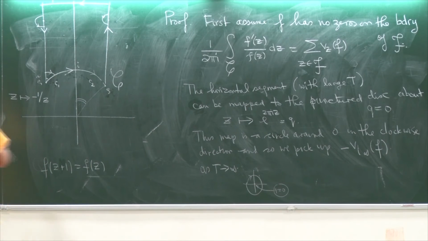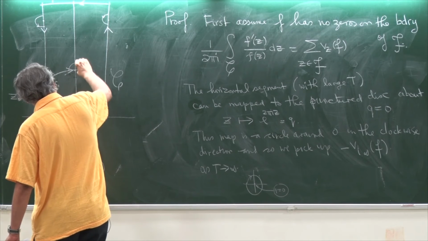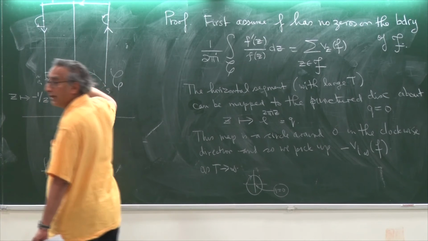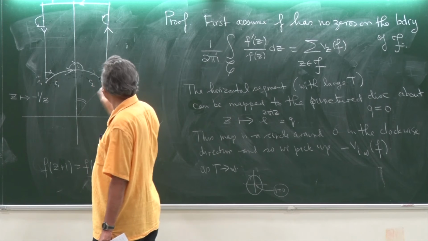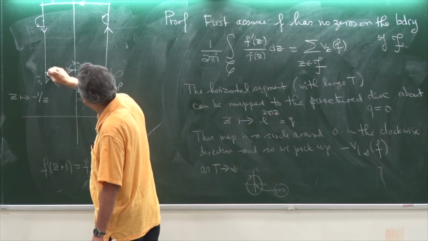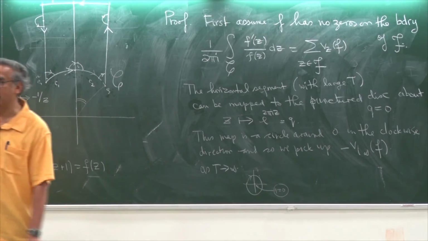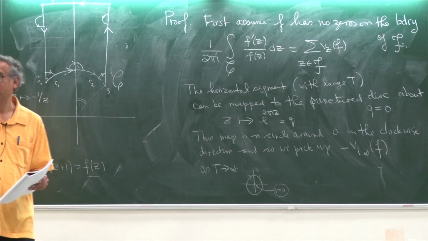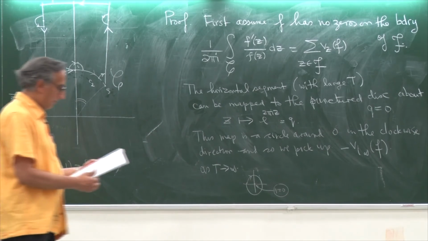The 1/2 is pretty clear because if there's a zero at I, you will go around it, and you're only going over half of the circle, therefore you should get only half. Here, the contribution from this particular arc and this particular arc will pick up 2 times 1/6, and the 2 times 1/6 turned out to be the 1/3. Okay, so you can tidy that up in the afternoon tutorial. So that's how you get the valence formula.